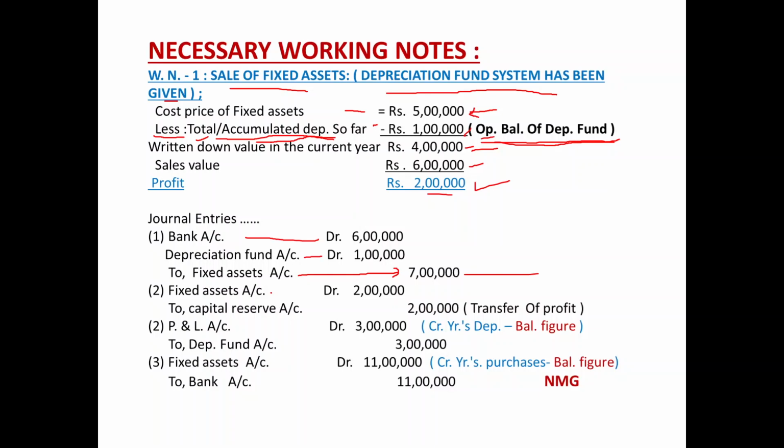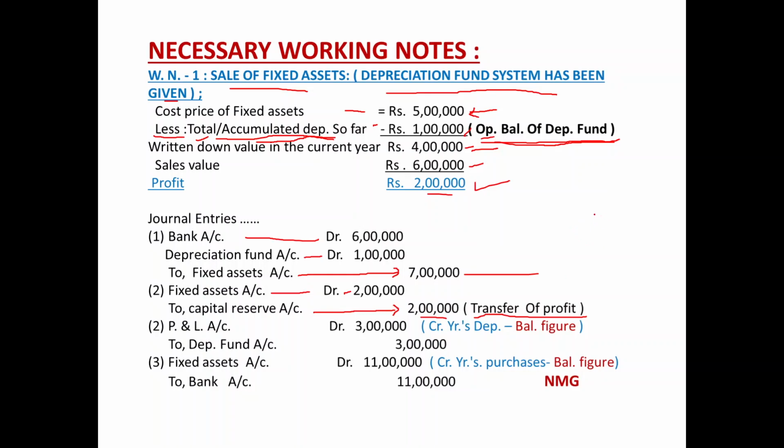So second journal entry, fixed assets account debited ₹2 lakh, to capital reserve account credited ₹2 lakh. Instruction has been given in the question point number 1 that the profit has been transferred to capital reserve. So transfer of profit ₹2 lakh credited to capital reserve account.